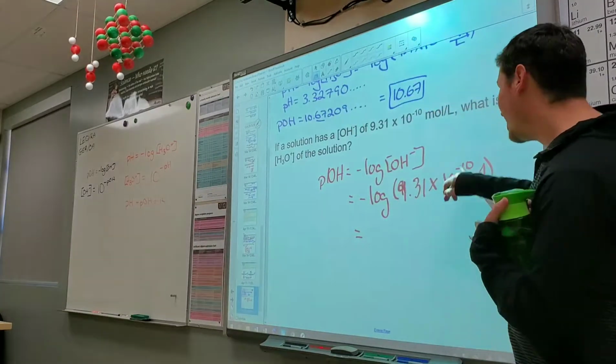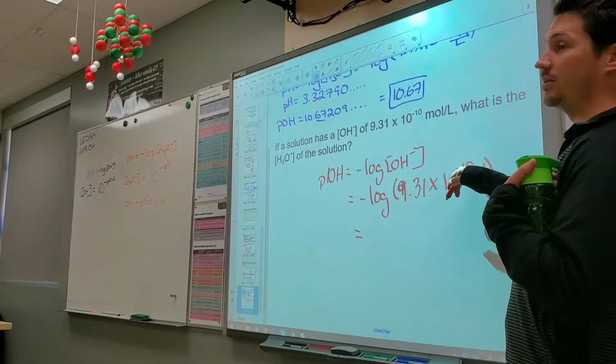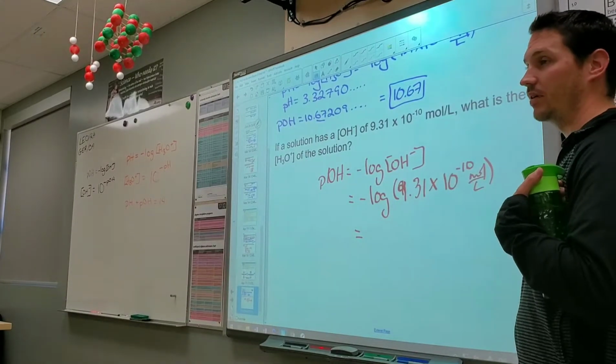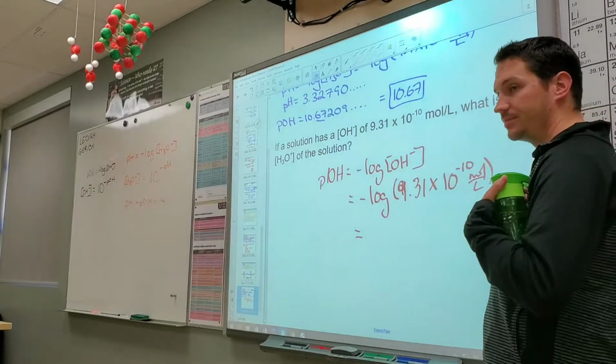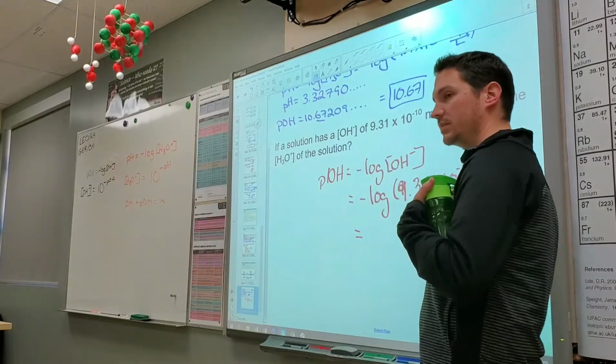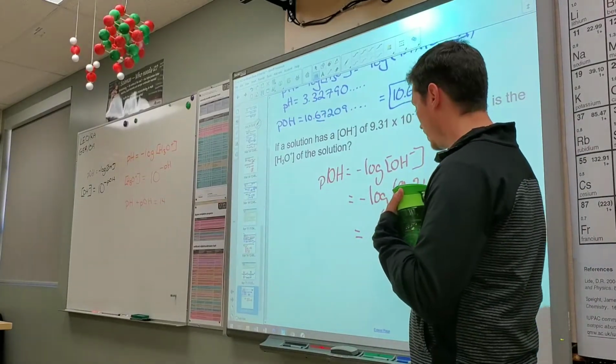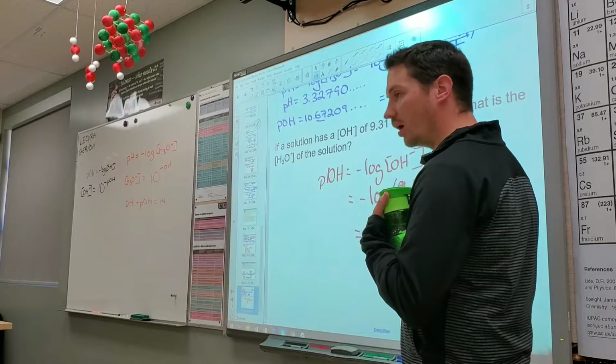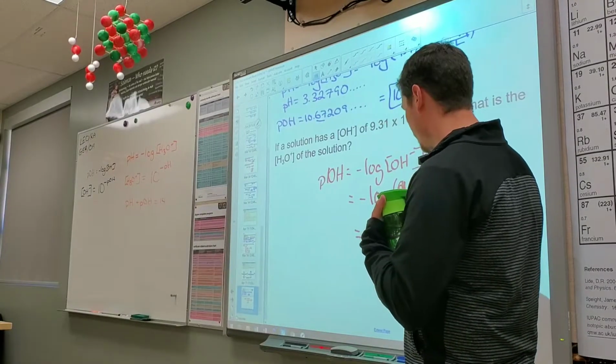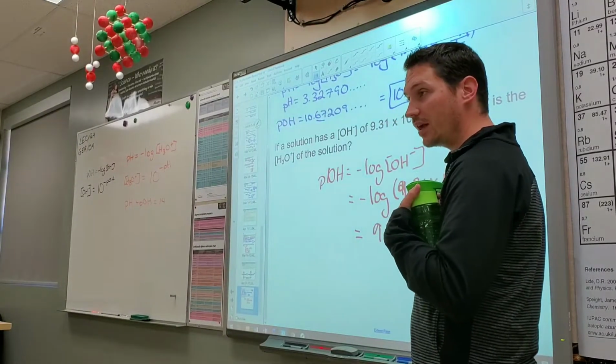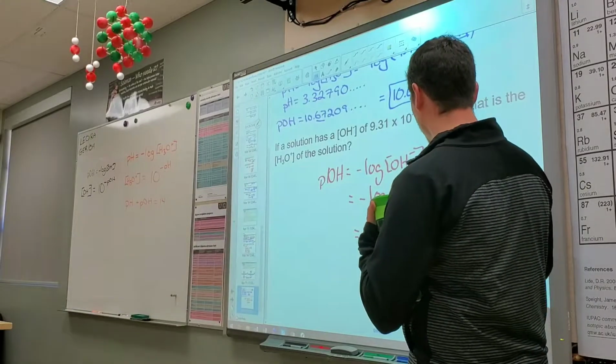Again, this is going to be really close to 10, but it's not going to be 10. It's going to be 9 point something, right? What is it? 9.03105. Does anybody disagree with that? No? Okay, good.